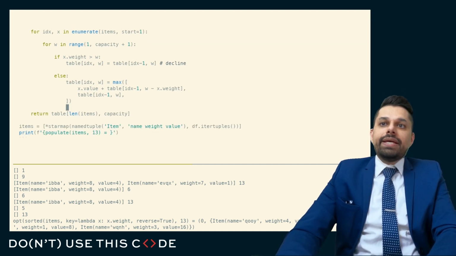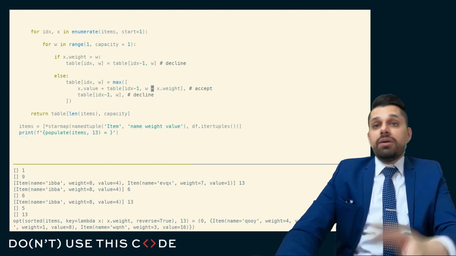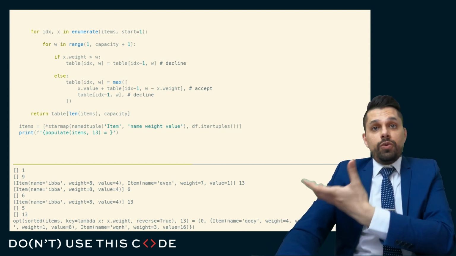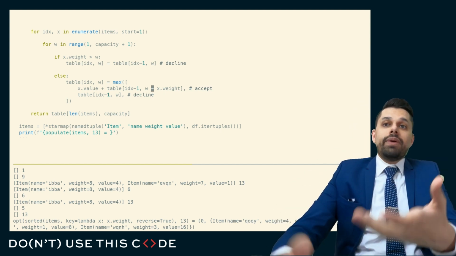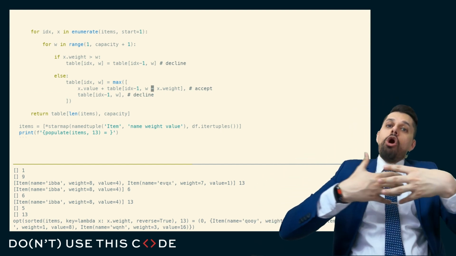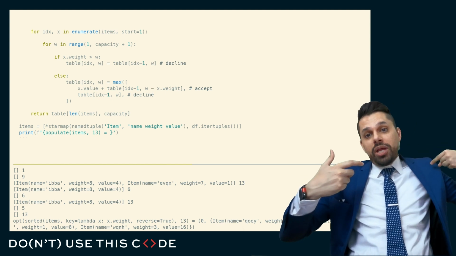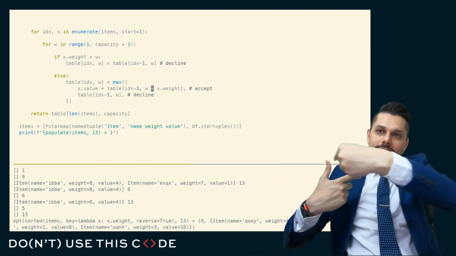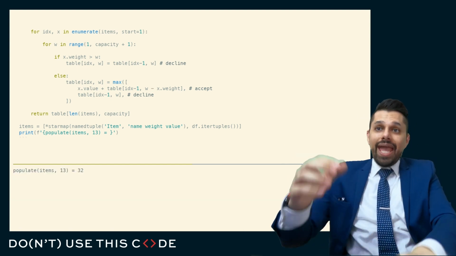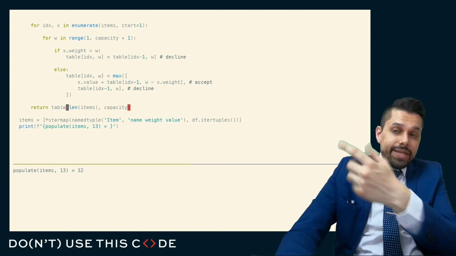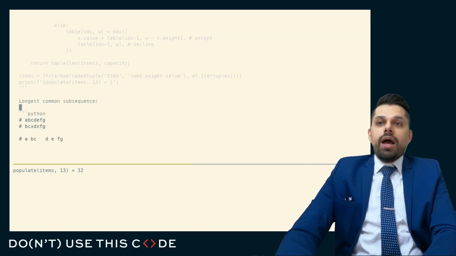Or it is the maximum over either you accept the item or you decline the item. Maximizing over what the value would be if you accepted the item or if you declined the item. And here you can see it's considering all of those possible branches, but instead of going top down, it's going bottom up, and it's constructing these as you go. And when we do this, we get the answer that we'd expect, 32.